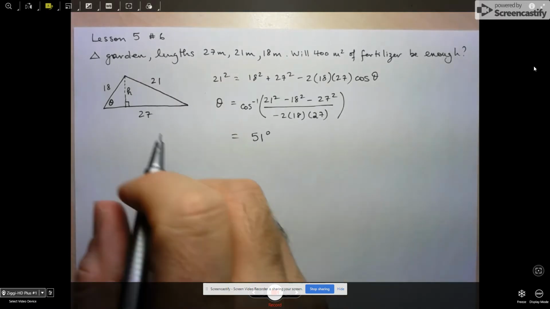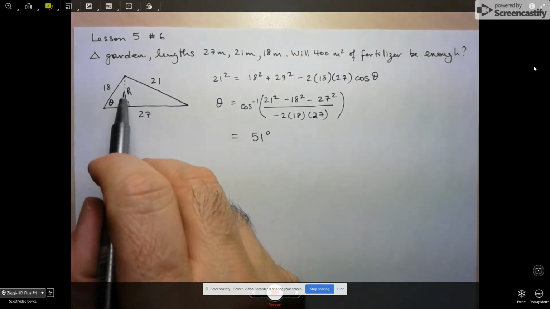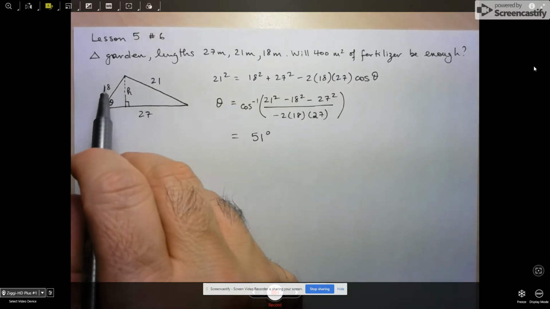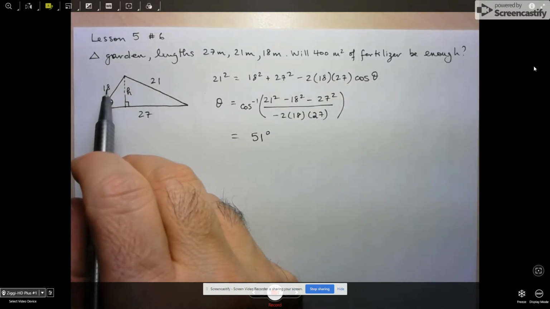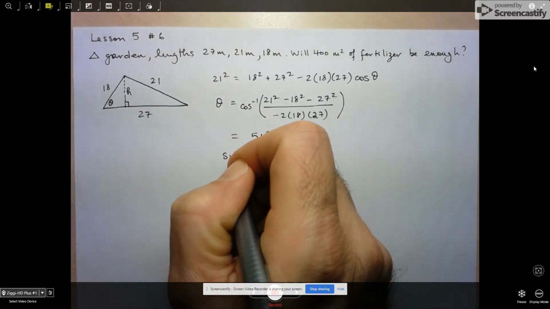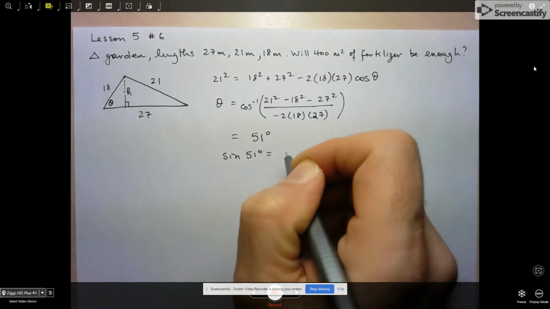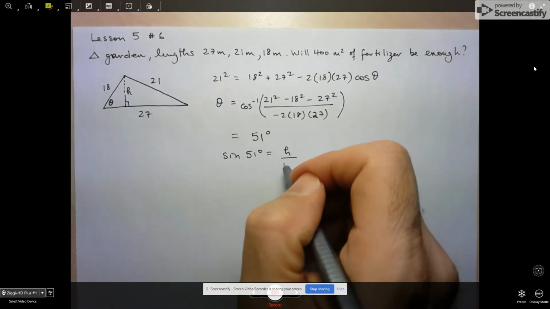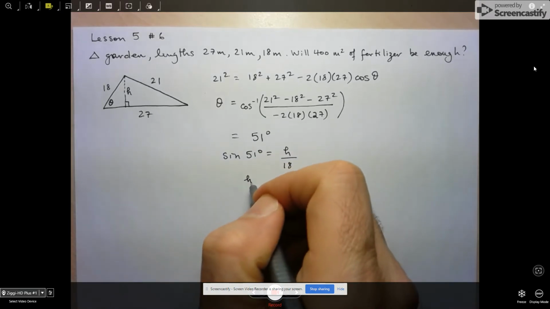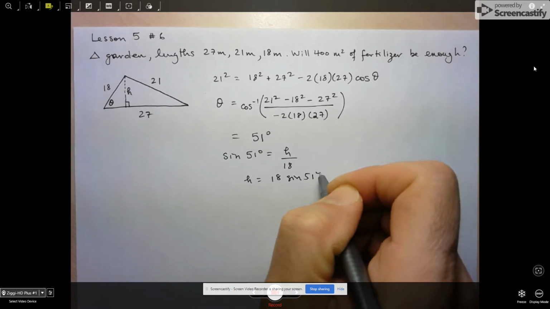All right, but now that I have this angle, I can use it to calculate the height. So the height is the opposite side. The 18 is the hypotenuse, so I'm going to use sine here. So we have that sine of theta, which is 51 degrees, is equal to the height divided by the hypotenuse. So that means h is equal to 18 times sine of 51.